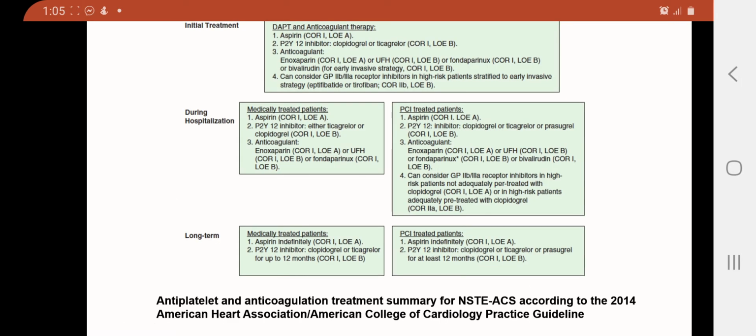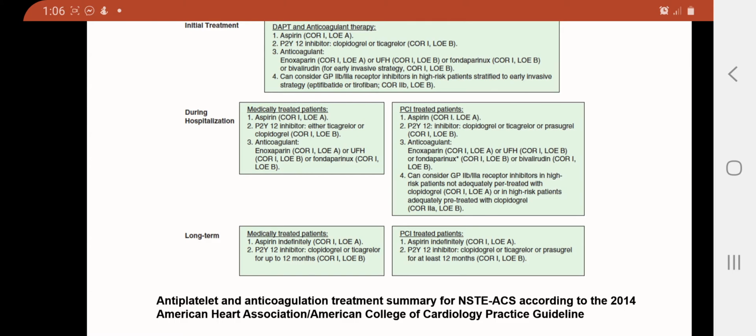So for the initial treatment as anticoagulation, you have to have a dual antiplatelet therapy with aspirin, and then either clopidogrel or ticagrelor, an anticoagulant such as enoxaparin or bivalirudin, and can consider GP2B3A receptor inhibitors in high-risk patients stratified to early invasive strategy.